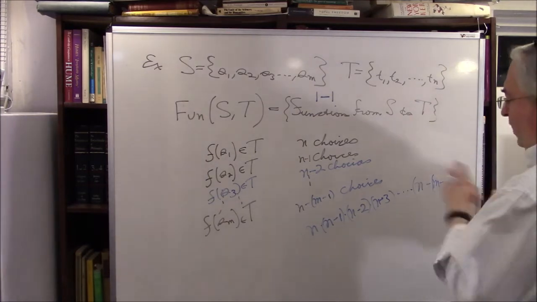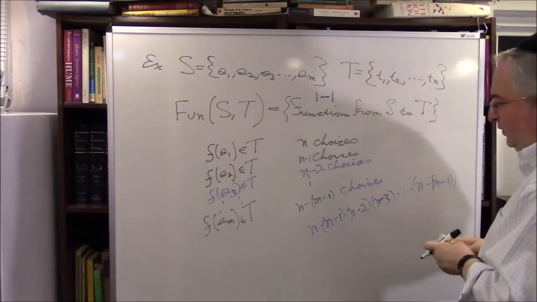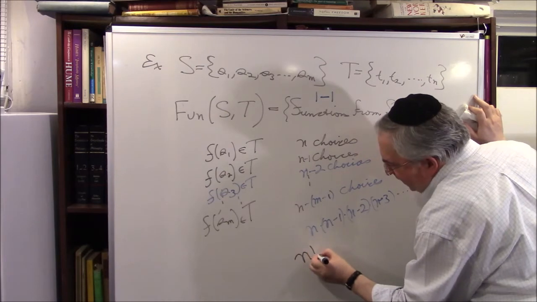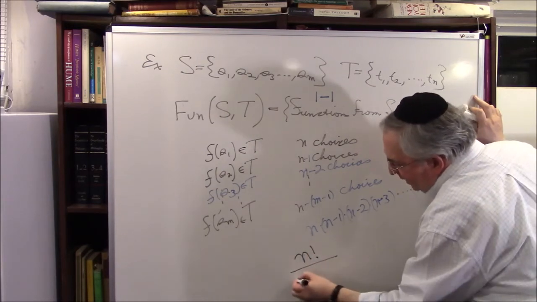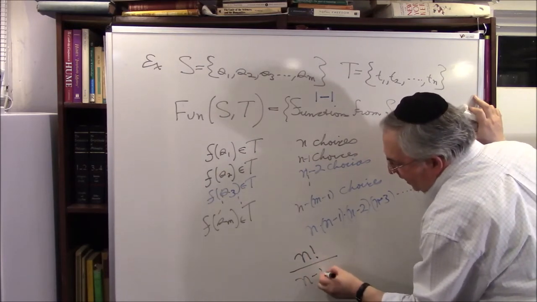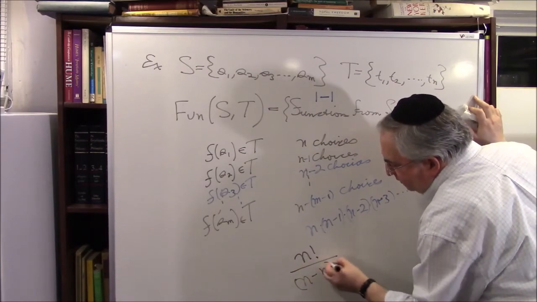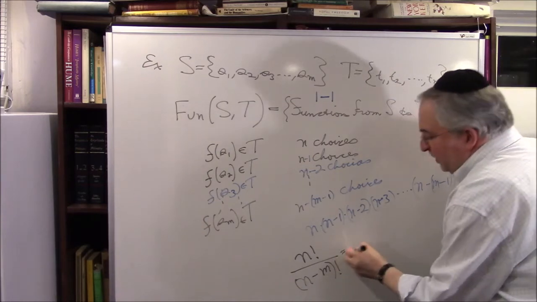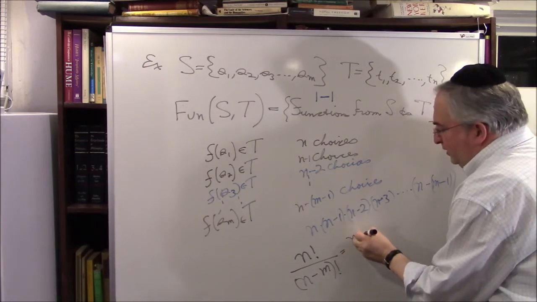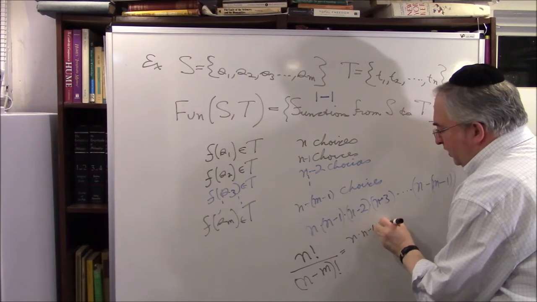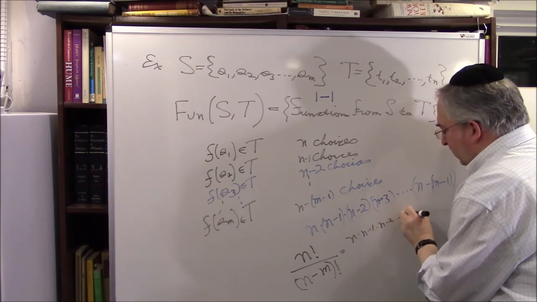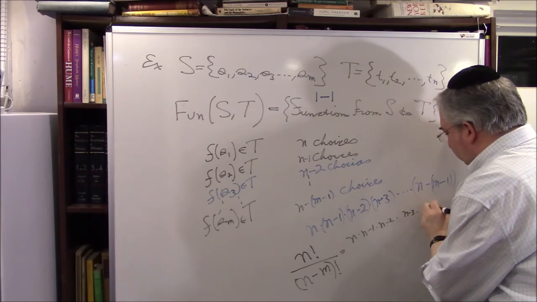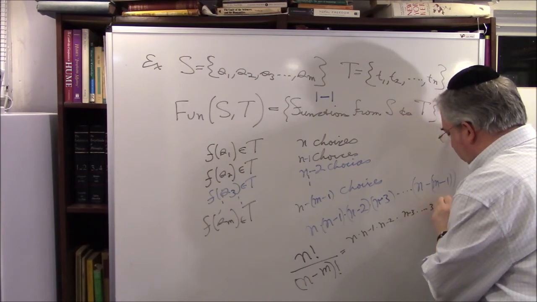So another way to write this is as follows. This is n factorial divided by n minus m factorial. So let's just make sure this is right. This is n times n minus 1 times n minus 2 times n minus 3 times all the way down to 3 times 2 times 1.